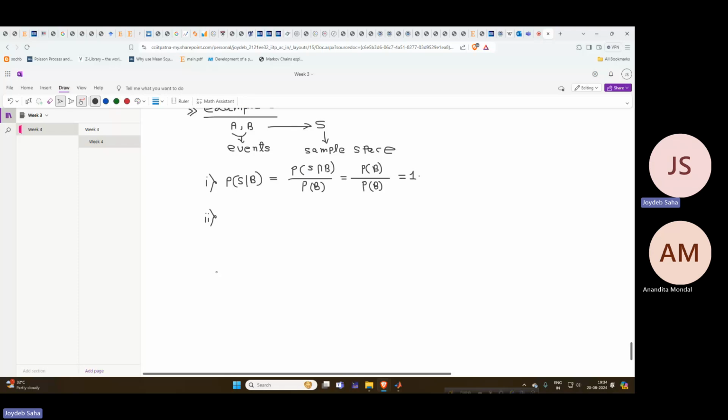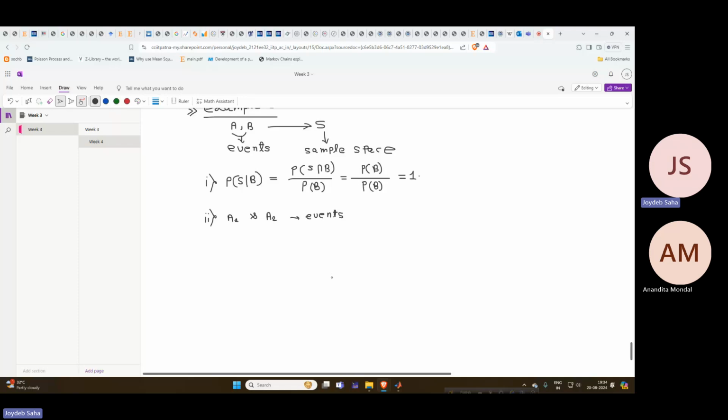Now this is a very interesting question. Now we are dividing the event A also. There are two events A1 and A2, and B is a separate event. So these are events, event A1 and event A2.